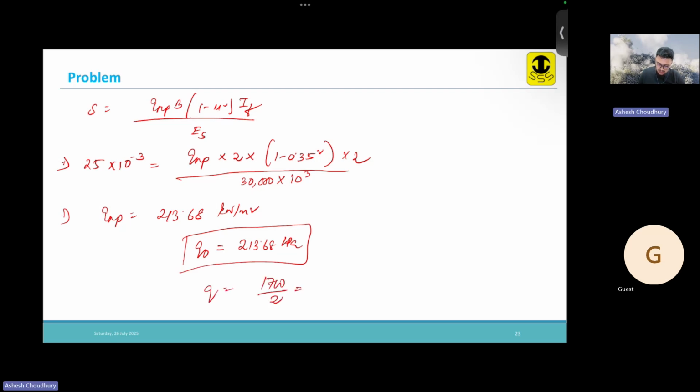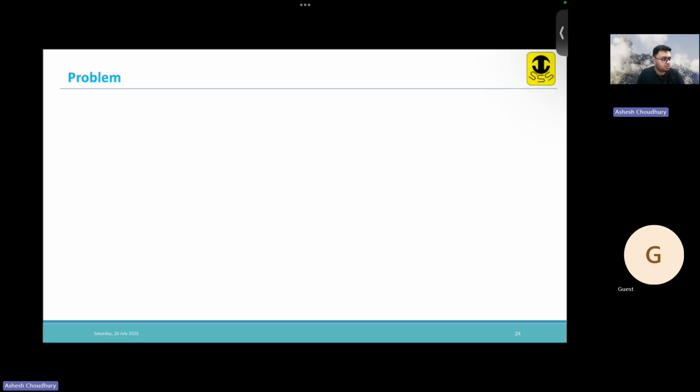Now the width of the footing I have considered is 2, and the rest of the things remain the same. The number of layers are the same, the U is the same, the spacing of the reinforcements is the same.